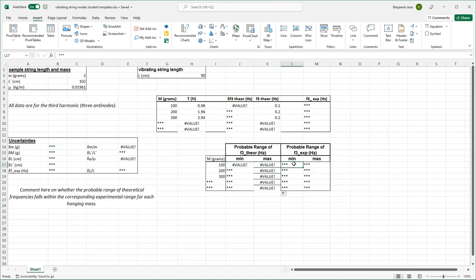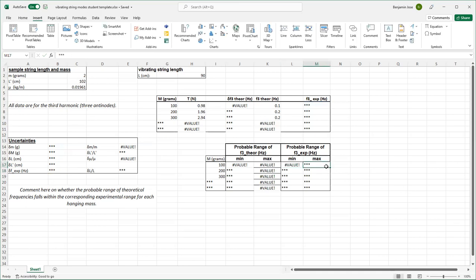And then down here, all you do is, well, the minimum experimental frequency: if you used the function generator and it said 56 hertz when you got the amplitude as large as possible, then the minimum value would be that frequency minus the absolute uncertainty, which is over here. In this instance, you would need to use F4 because we're always going to refer to this absolute uncertainty. The idea is each of your experimental frequencies would have the same absolute uncertainty.